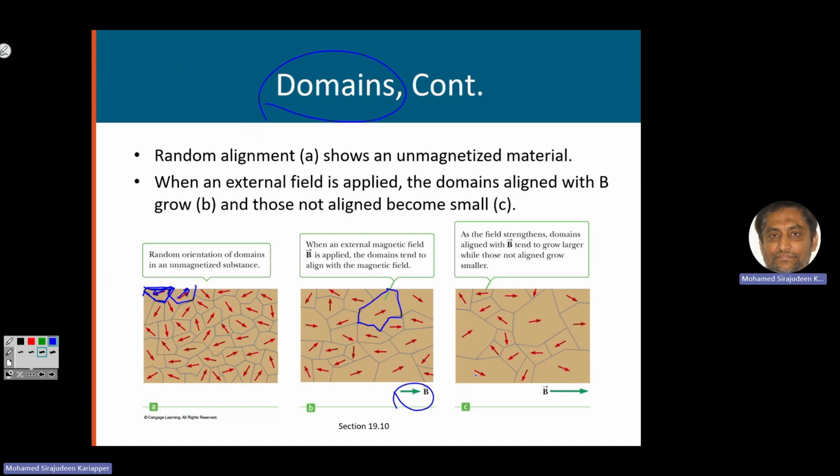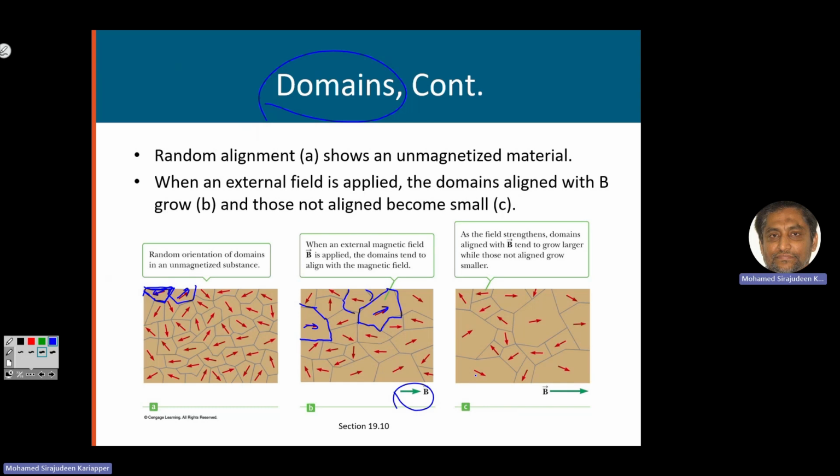Maybe they will recruit atoms from the neighboring domains. For example, this one is smaller compared to that one, because it is in the opposite direction. And this other one has grown bigger. Those already more or less in the direction of the external magnetic field will grow in size. Those in the opposite direction will shrink in size.